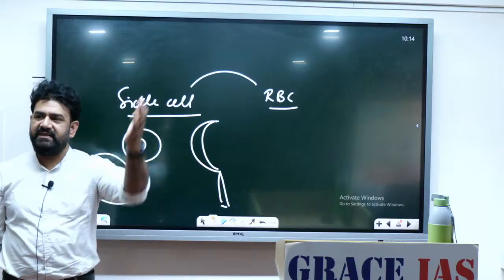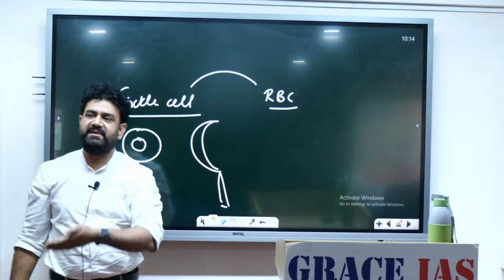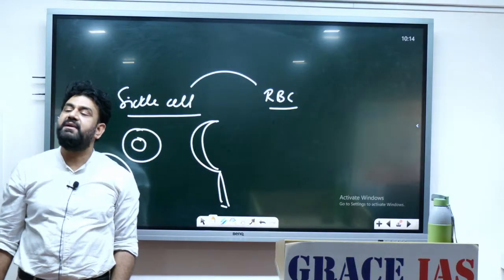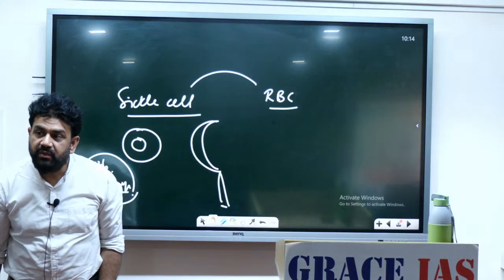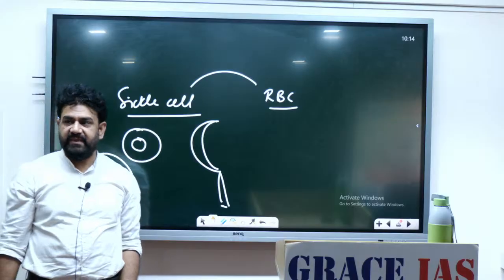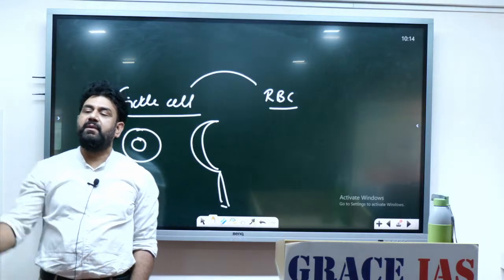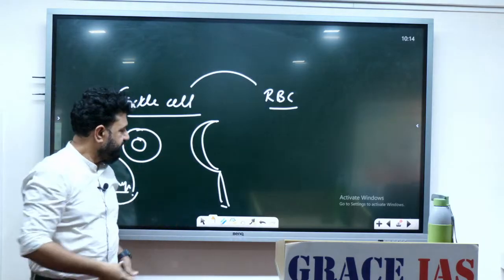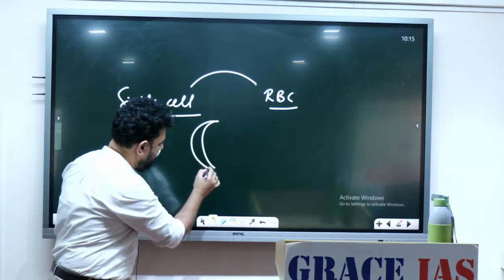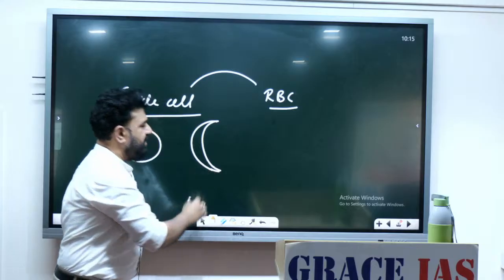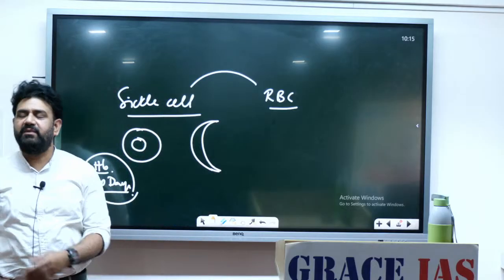You can cut many things with it, but usually people use it to cut grass. Yes or no? What do you call sickle in Kannada? Kutlu. Is it? Kutlu. So, this is kutlu. Now, we remove this. This is sickle shape. You can also call it crescent shape or half moon, but depends.